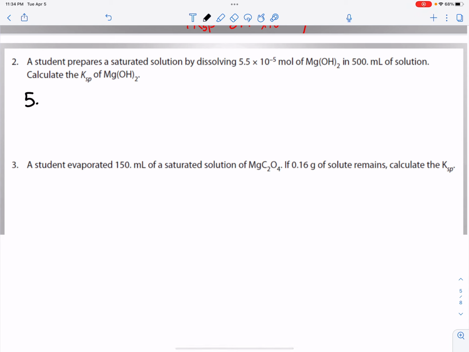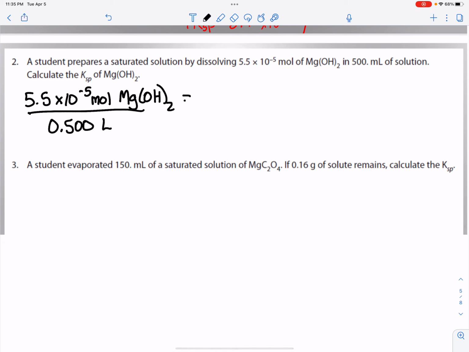I've got 5.5 times 10 to the negative 5 moles of magnesium hydroxide, and I'm going to divide that by 0.500 liters, since 500 milliliters is the same as 0.500 liters. So the molar solubility here is 1.1 times 10 to the negative 4.